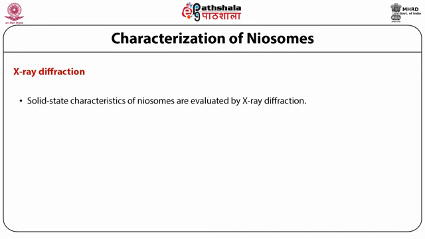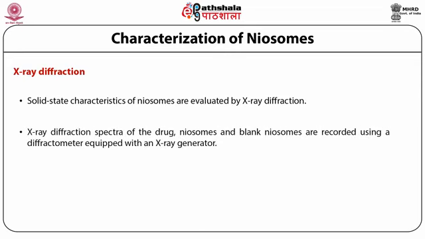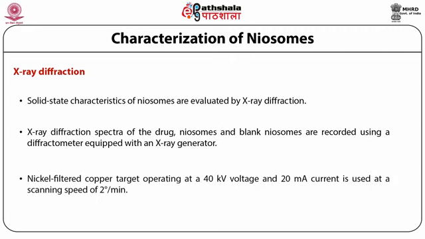Solid-state characteristics of neosomes are evaluated by X-ray diffraction. X-ray diffraction spectra of the drug, neosomes and blank neosomes are recorded using a diffractometer equipped with an X-ray generator, a nickel-filtered copper target operating at a 40 kV voltage and 20 mA current, at a scanning speed of 2 degrees per minute.